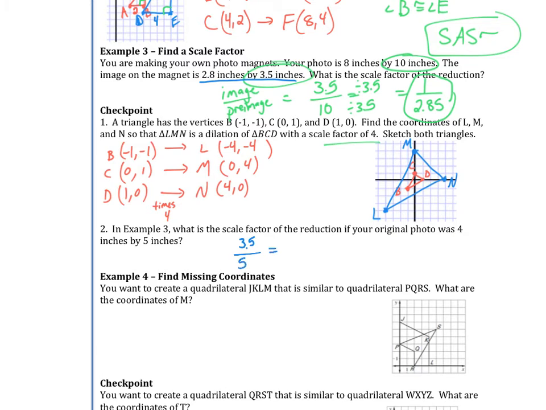So the reduction would be 3.5 over 5, and we can leave it as that. If you want to find the actual number, it will be 3.5 divided by 5, which is 0.7. So it'll be 0.7 or 7/10 the size.